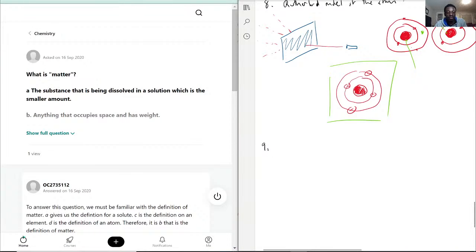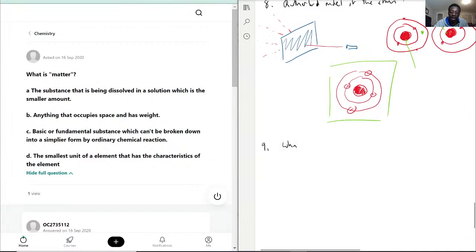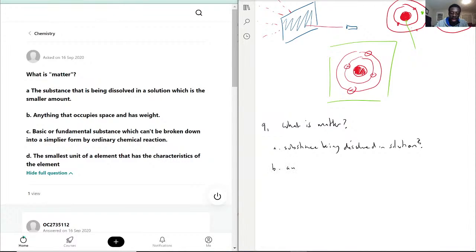We have, what is matter? A, substance being dissolved in solution. B, anything that occupies space and has density.